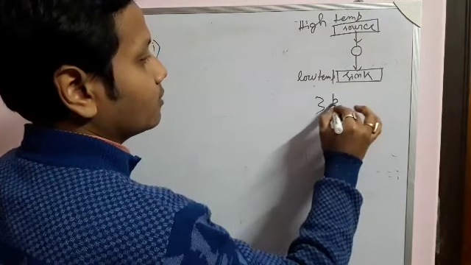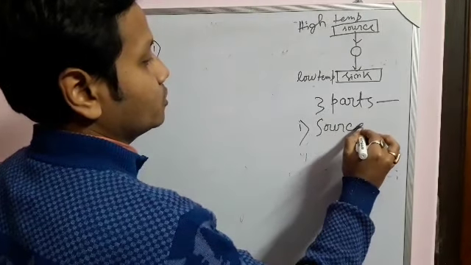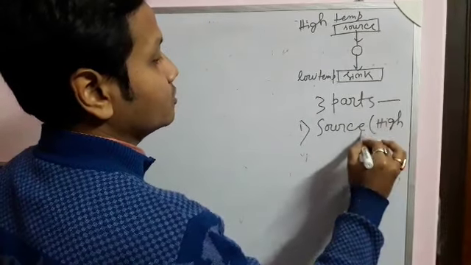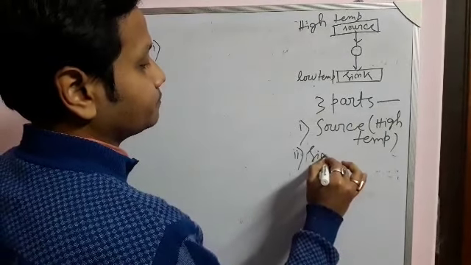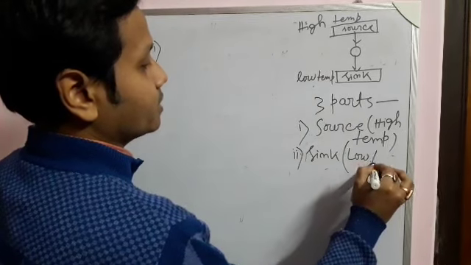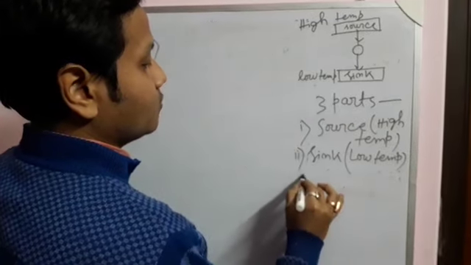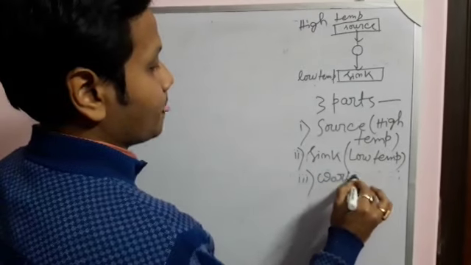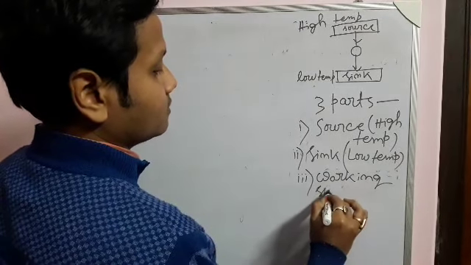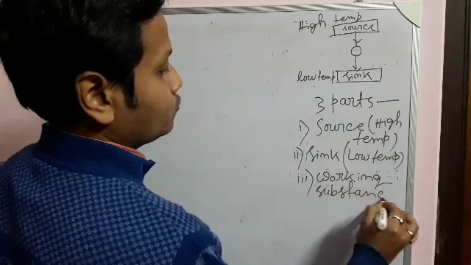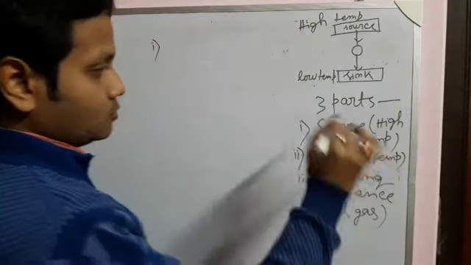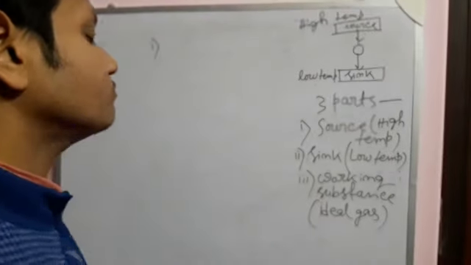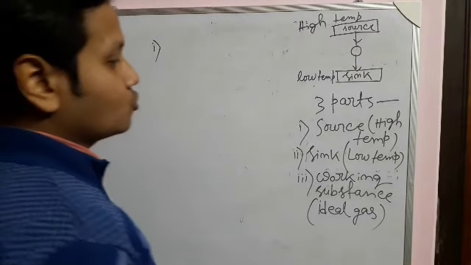One is the source, which is at high temperature, the second is the sink, which is generally at low temperature, and the third is the working substance, where we can use an ideal gas or perfect gas. So there are three portions of the Carnot engine.